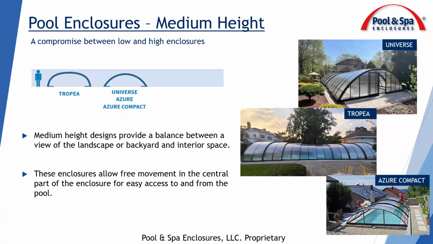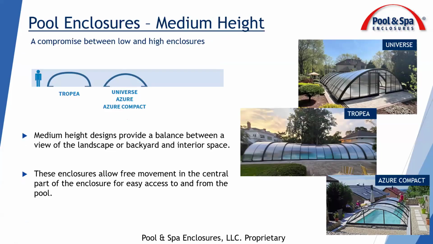Now, the medium ones are exactly that. They want to have some entertainment space inside, but don't want to get too high. Medium heights are generally going to be between 5 and 7.5 feet high.